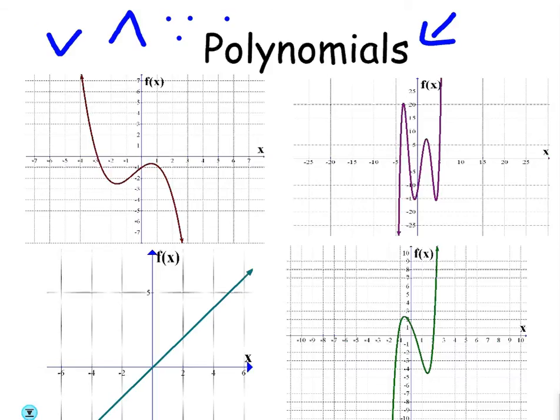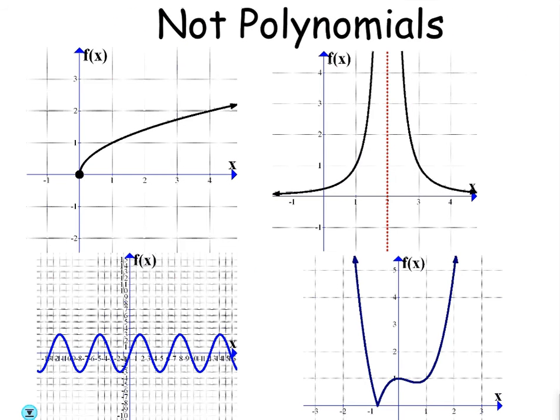Yeah, good observation. So there are no endpoints. Okay, there's nothing like this, right? And there's no like line segments like this. So no endpoints. That's a good observation, which means that it's going to go to infinity or negative infinity on the left and right. All right, now these are not polynomials.